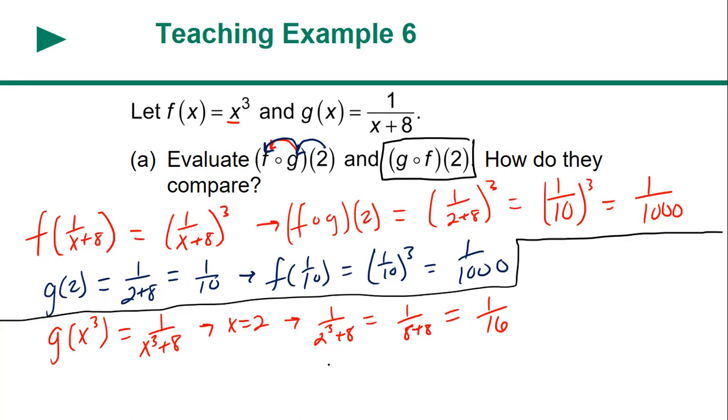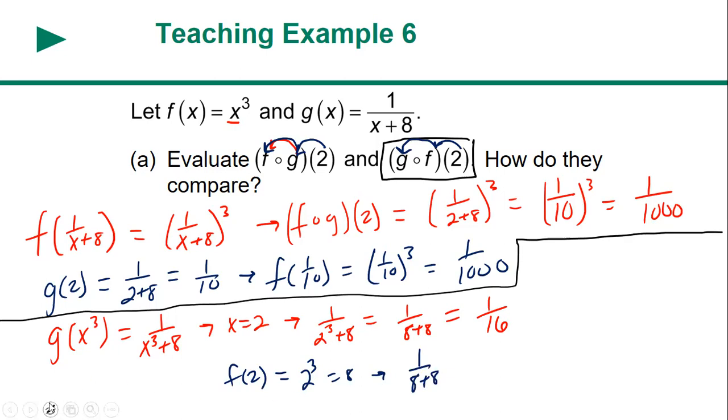Oh, okay, see, that's simple. I was just overthinking. If you chose to do the blue, you're gonna work it from right to left. So I'm gonna plug 2 into F, so I find F of 2 first. That's gonna give me 2 to the third, which equals 8. And then I'm gonna take the answer from that and plug it into G, which gives me 1/8 plus 8.